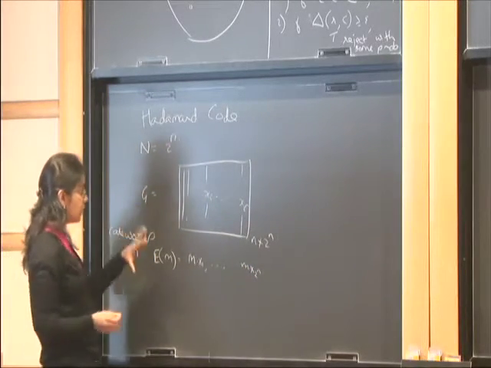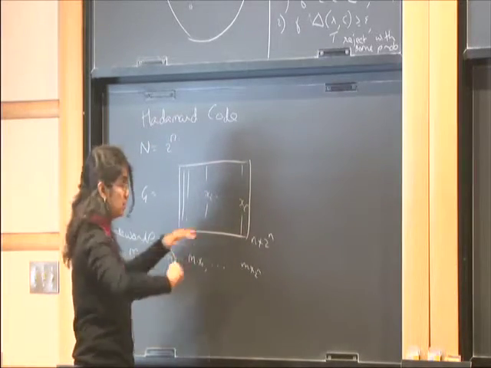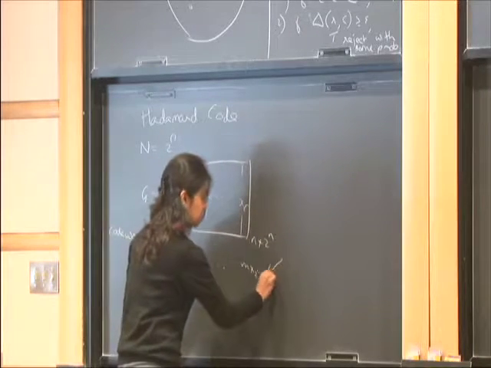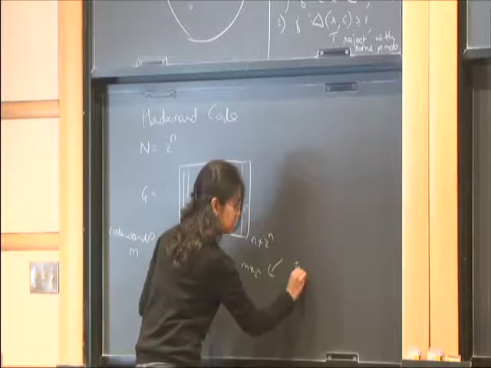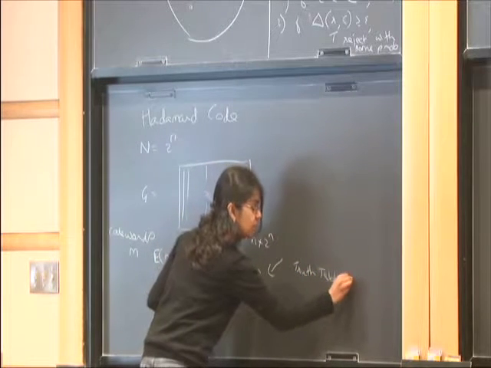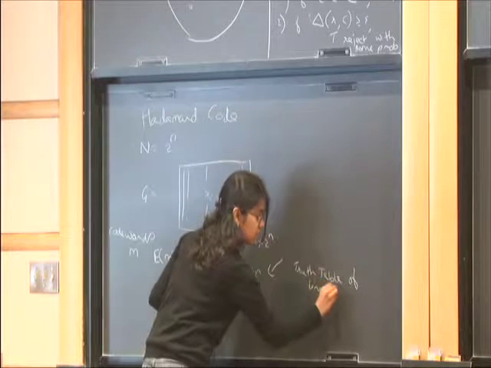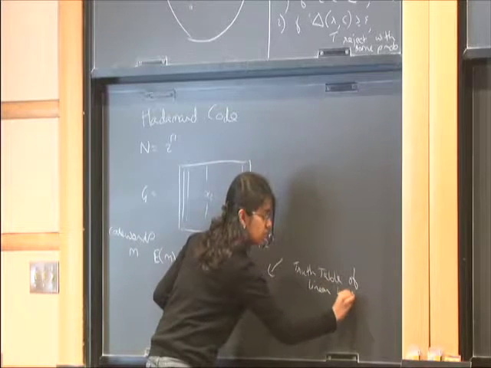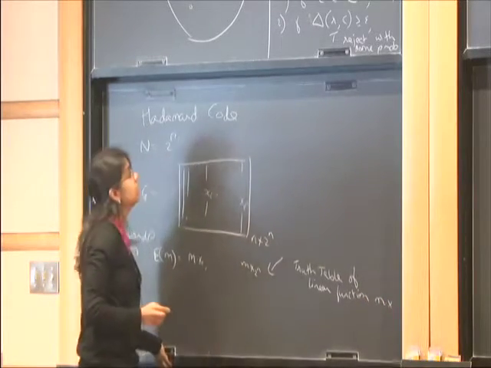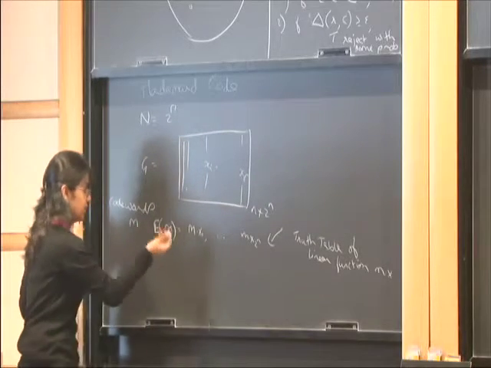So the code word looks like the linear function m times x evaluated at all the points of the domain F2 to the n. Basically, this is the truth table of the linear function m times x. So the code words of the Hadamard code look like truth tables of linear functions.